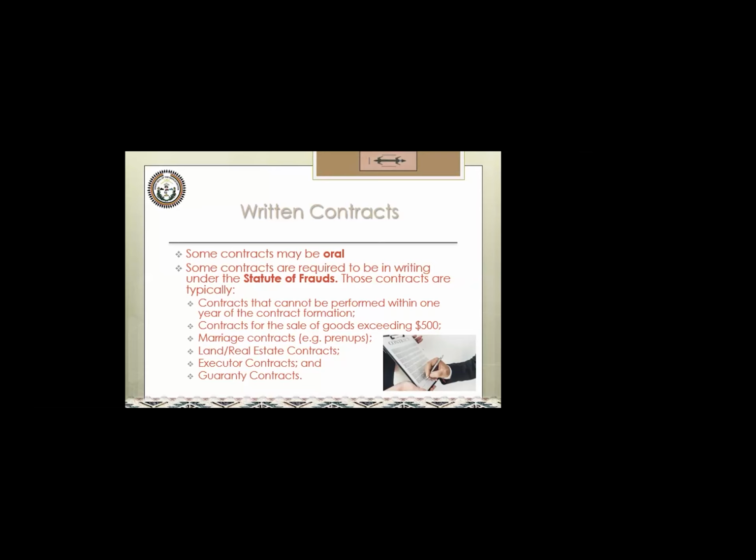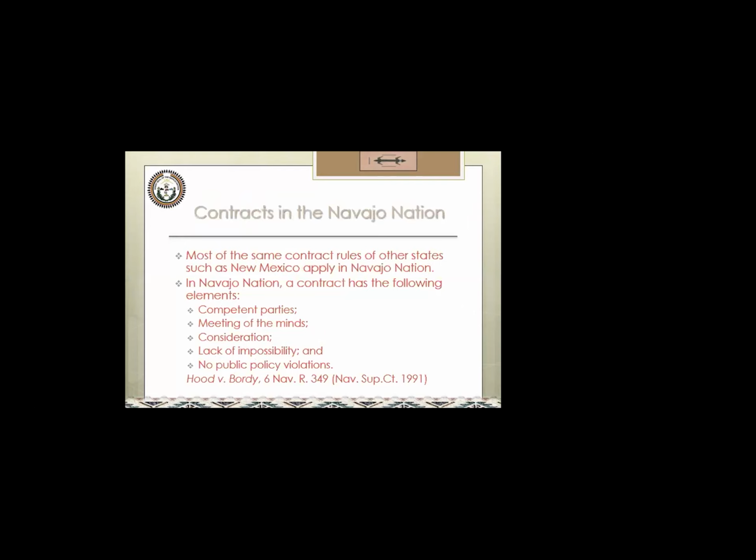Now, there are contracts that can be oral. There are some jurisdictions that don't recognize this, some jurisdictions do. If we're dealing with contracts in Navajo Nation, you absolutely can have an oral contract in Navajo Nation. The jurisdiction is interesting because Navajo Nation recognizes oral contracts. And under Navajo law, some of the case law out there, specifically one called Hood v.